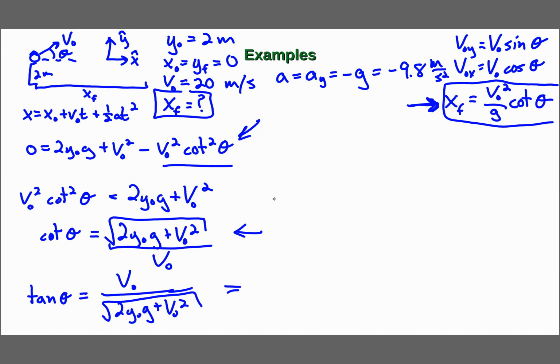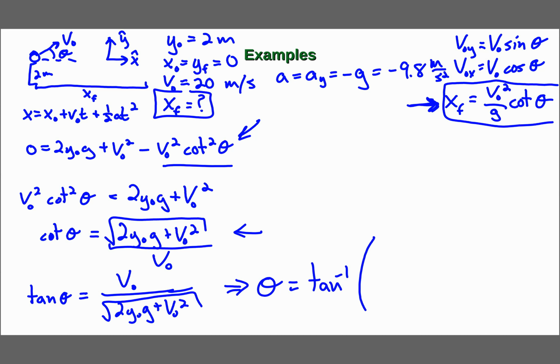And that means that theta is equal to the arctangent. When we have a trig function like this to the -1, that's kind of a funky notation, but it means arctangent. It means I take the stuff inside, and the arctangent will return the angle that if I plugged that angle into tangent, it would give me that quantity. Okay?